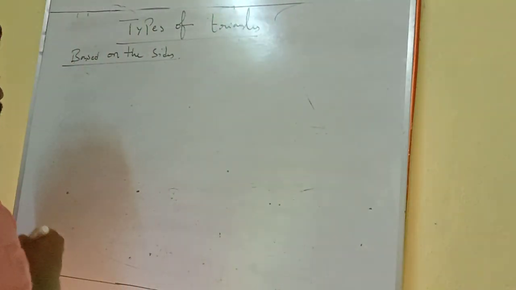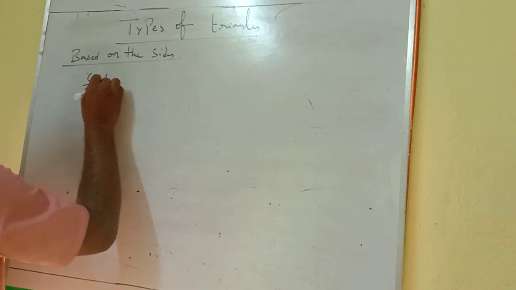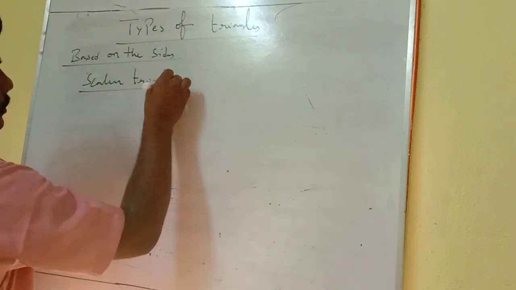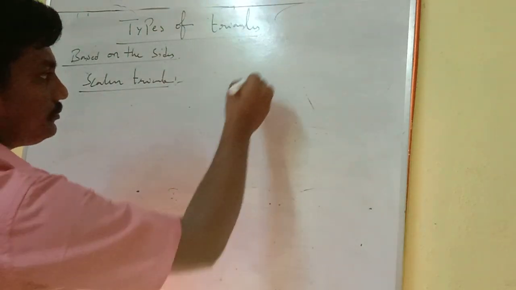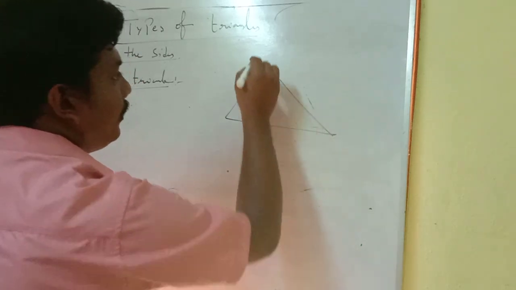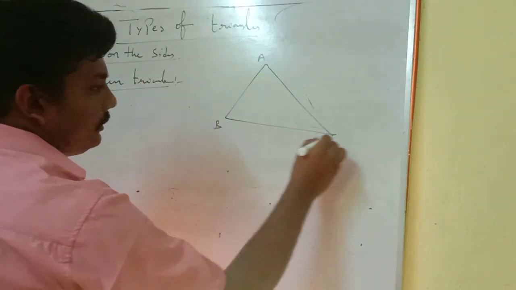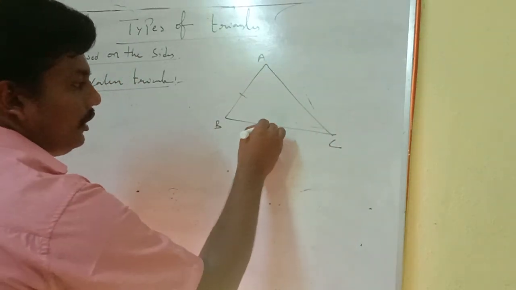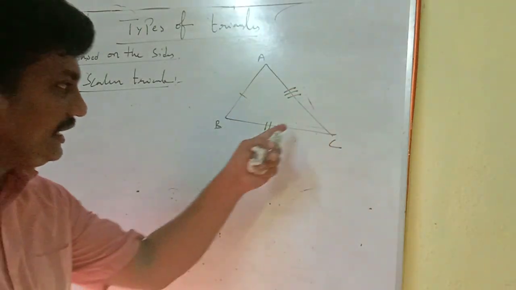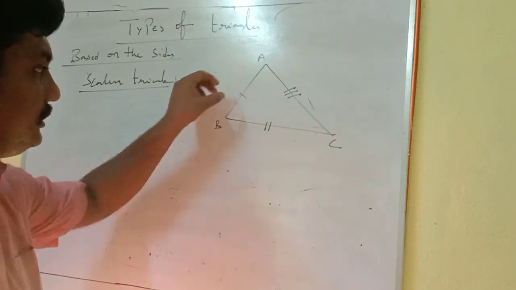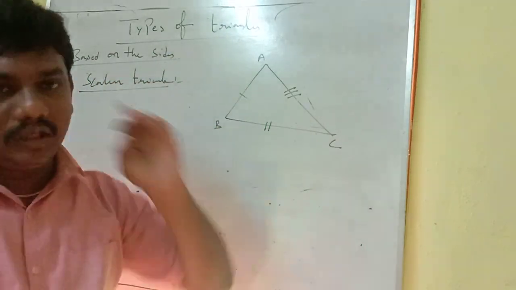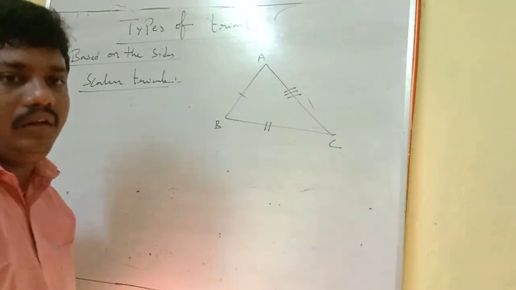So let me consider this scalene triangle ABC, with AB as one side, BC as another side, and then C. These marks indicate that all sides are not equal: a single line, a double line and a triple line. That means all the three sides are unequal.